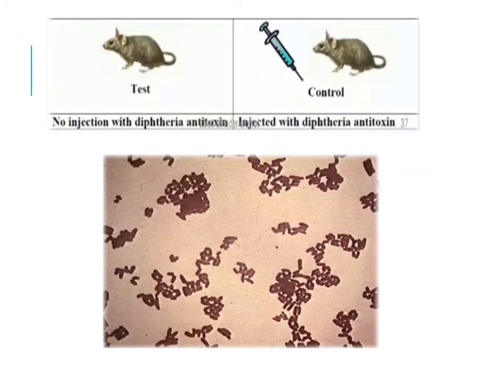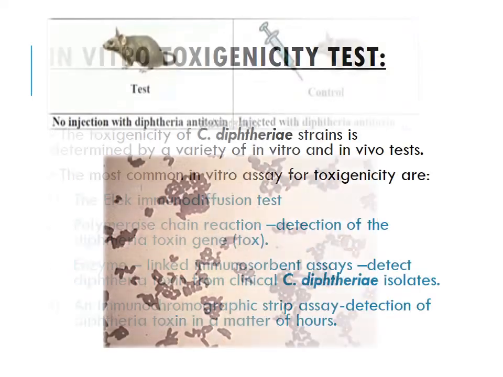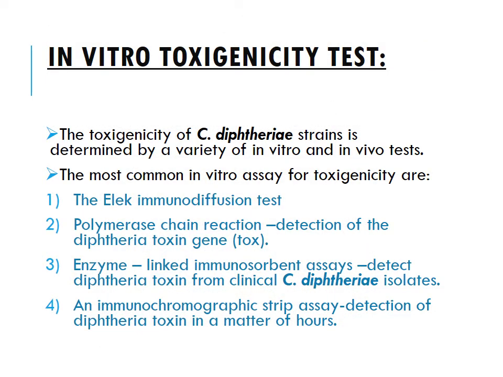The animal not injected with diphtheria antitoxin serves as the test, and the one injected with diphtheria antitoxin serves as the control. The toxigenicity of C. diphtheriae strains is determined by a variety of in vitro and in vivo tests.